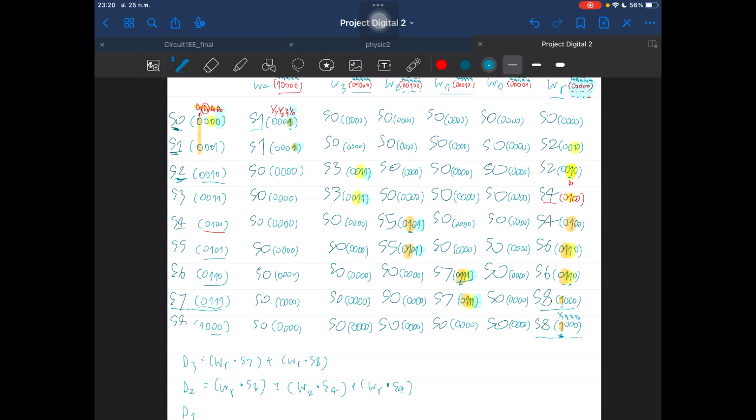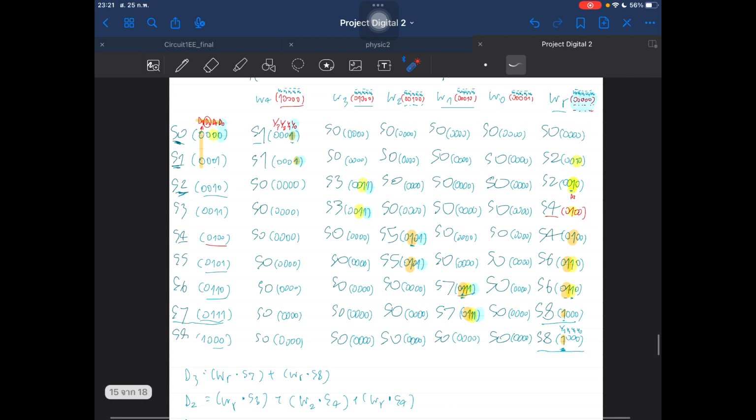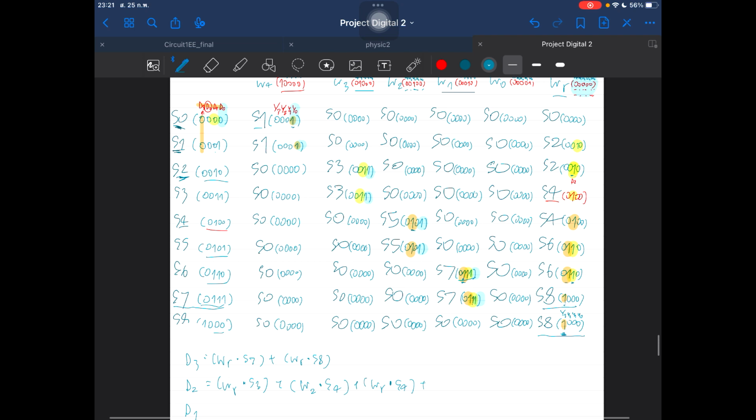Then go to state 5 because state 4 is on. We checked it already. State 5: D2 0, D2 0, D2 here. Then look at the input first. Input is W2 and state name is state 5.